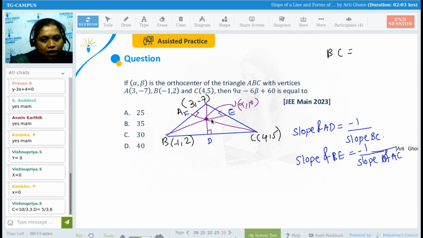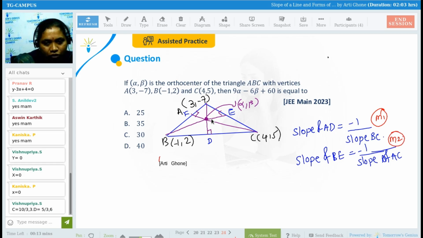Clear? Now, we know the slope of AD, the slope of BE, and one point is known to us. Up to this is clear, a very straightforward thing. Now, slope of AD is m1, and slope of BE is m2.